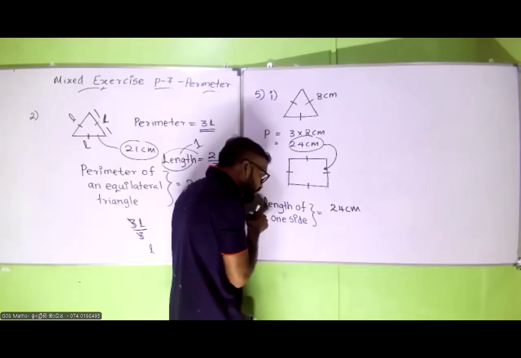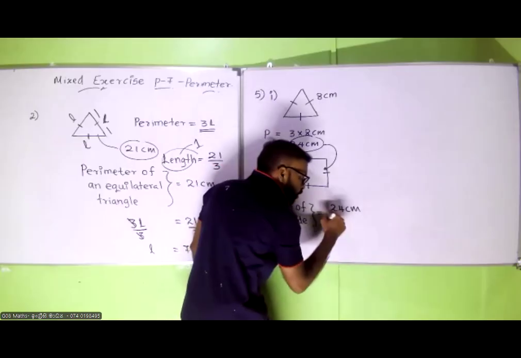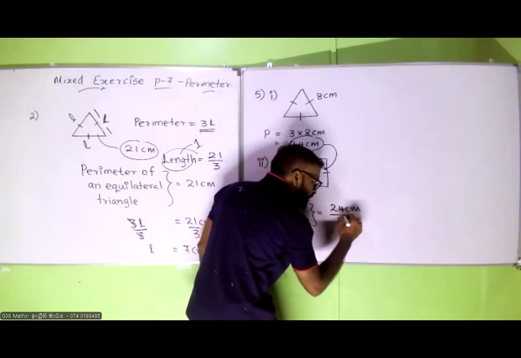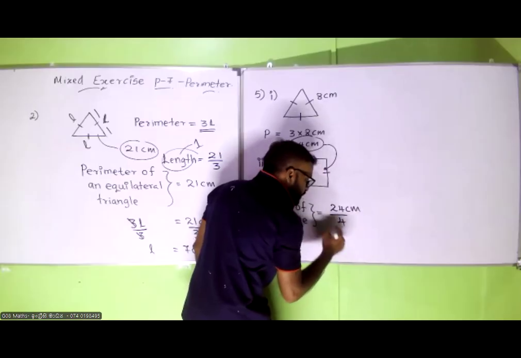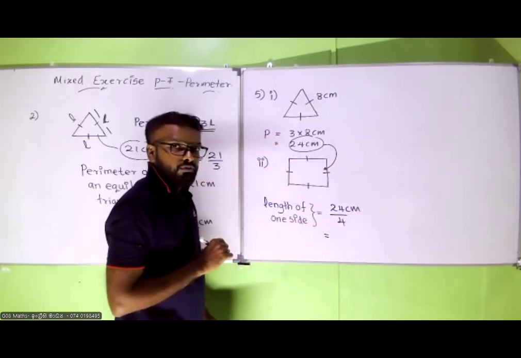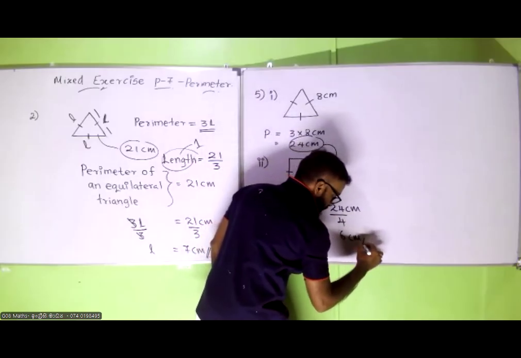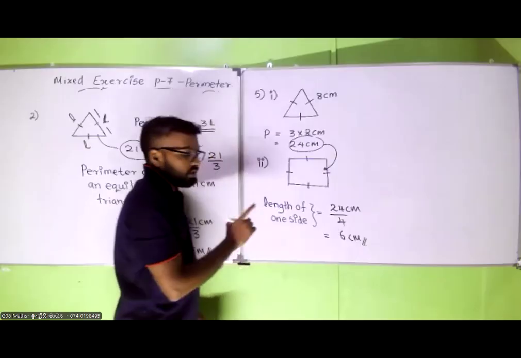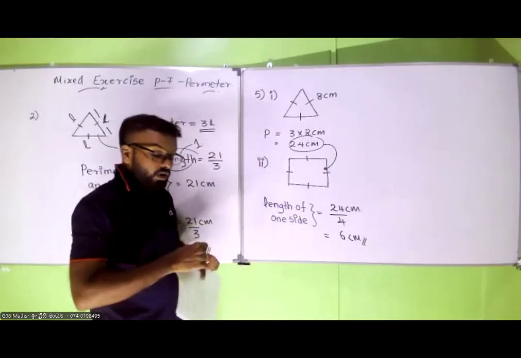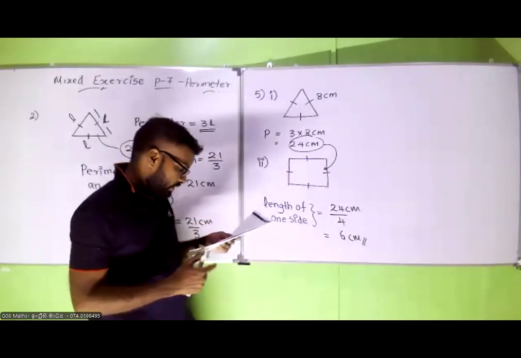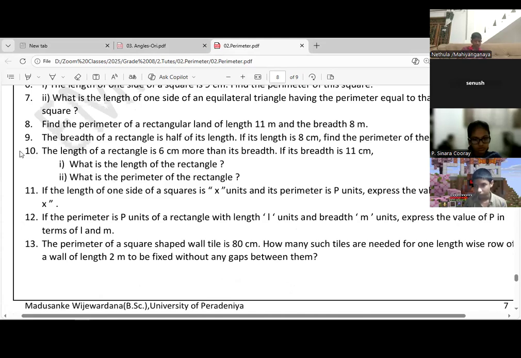So if you want to find the length of one side, you divide this total perimeter by 4. 24 divided by 4 means 6. So this is the answer for the fifth one, part 1 and part 2.